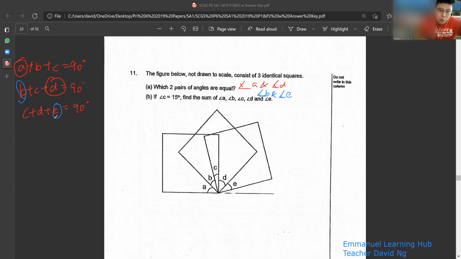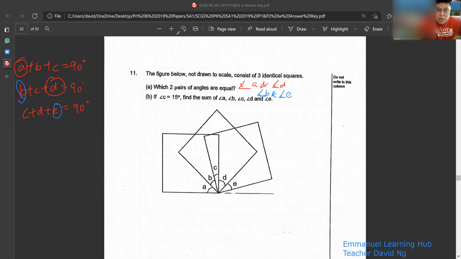So you compare the equations. A plus B plus C is 90, B plus C plus D is 90, therefore A and D must be equal, because both have B plus C, and both equal 90. On the same token, for C, D and E, B and E must be equal, because both equal 90 also.